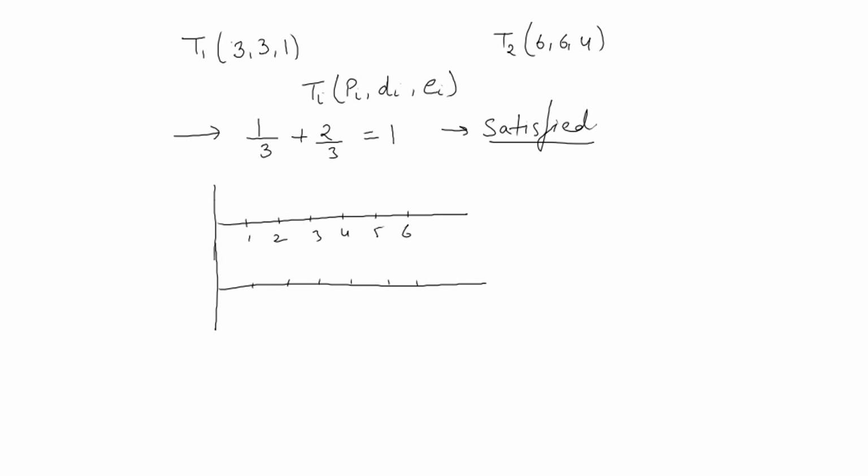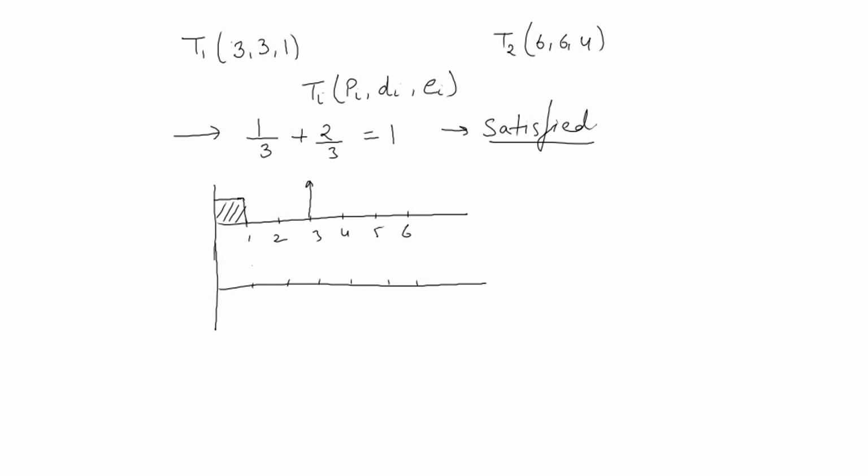Now T1 came first. T1 deadline is nearer, because its period is 3 and deadline is also 3. The deadline is mentioned here. So 3 means first it will be executed. This is the period, so let me mark here.